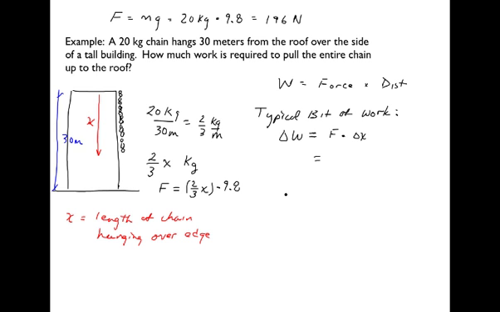Why is it 2/3 X? Because every meter is 2/3 of a kilogram, and I have X meters. Does that make sense?